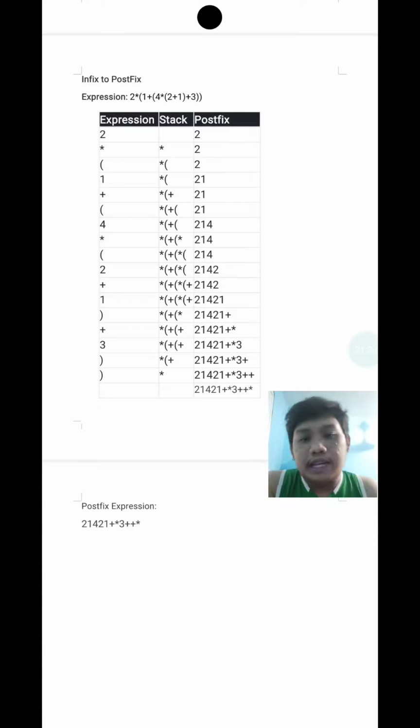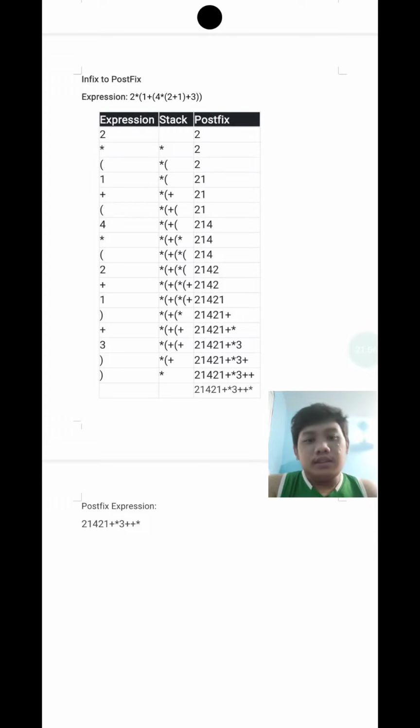Next is also a closing parenthesis, and until it encounters an opening parenthesis, the stack items inside will be appended to our output. So our plus sign is appended to our output, making it 2 1 4 2 1 plus times 3 plus plus.